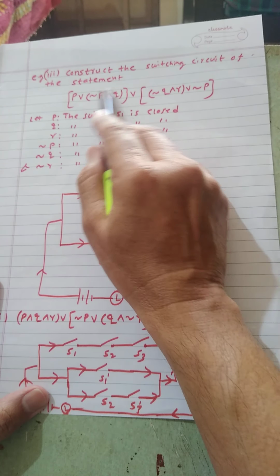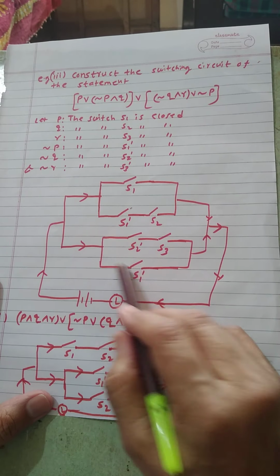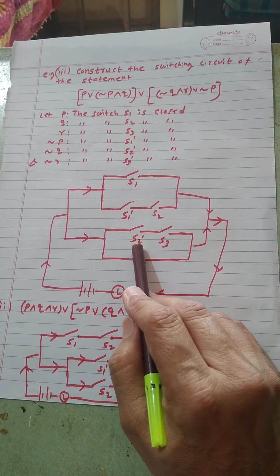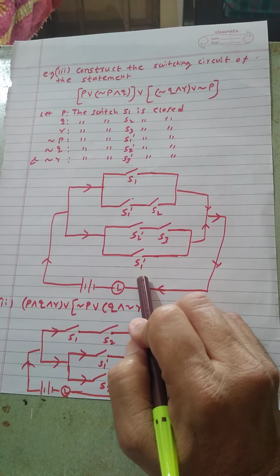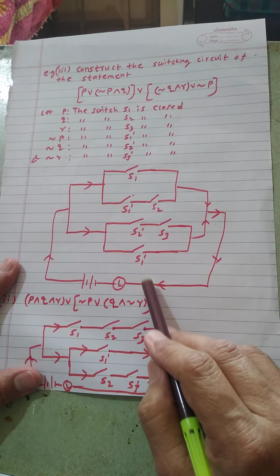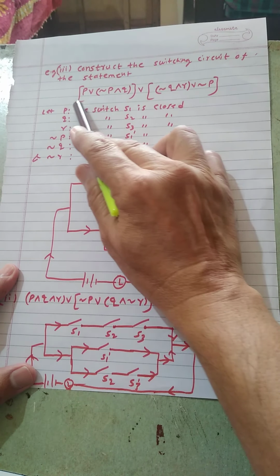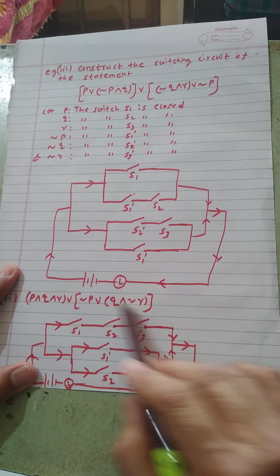Again, this complete combination is in parallel with the second combination. And in the first bracket, negation Q and R, therefore S2 dash and S3 in series, parallel with S1 dash, that is negation P. These two brackets are joined by OR, so they are in parallel, and then it is connected to the power supply.